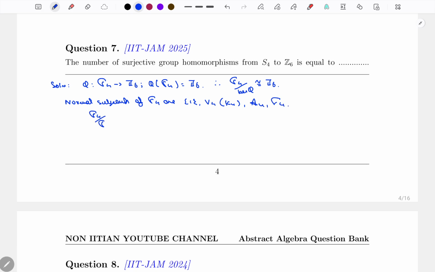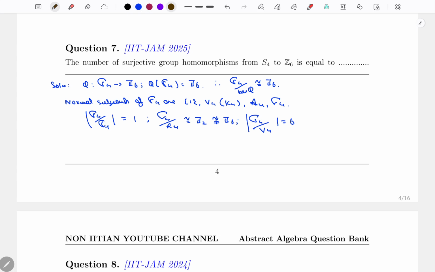Now S4 mod S4 has cardinality 1. S4 by A4 is isomorphic to Z2, which is obviously not isomorphic to Z6. S4 by V4: V4 has cardinality 4, so the quotient has cardinality 6. Okay, so this is typically the only possibility you have.